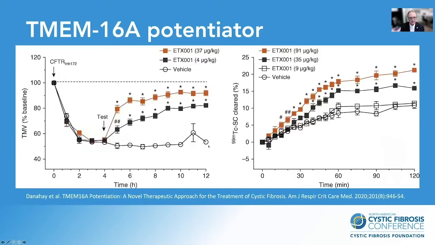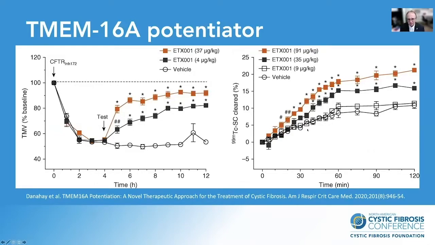And also in a sheep model, again, a non-genetic model of mucociliary dysfunction in sheep, with CFTR inhibitor inhalation and decrease in tracheal mucus velocity, there's a significant improvement of tracheal mucus velocity with the potentiator of TMEM16A.